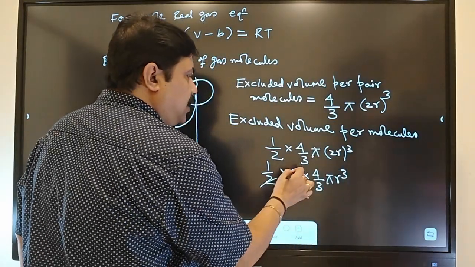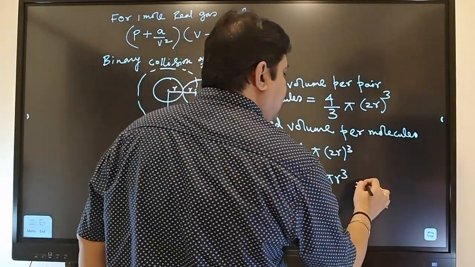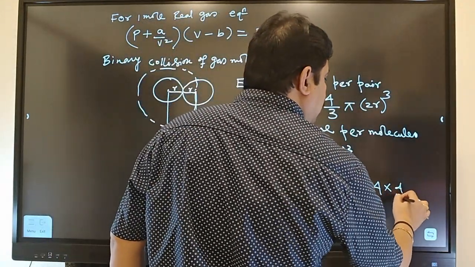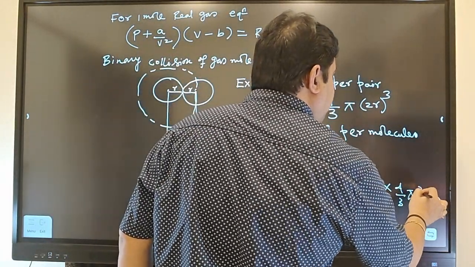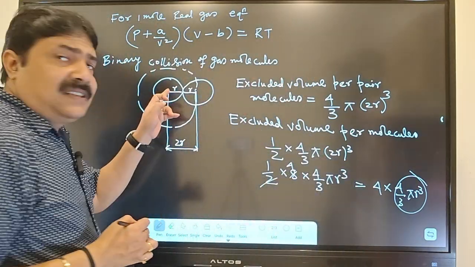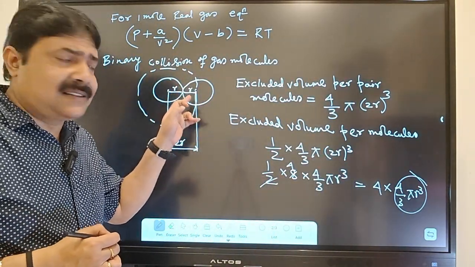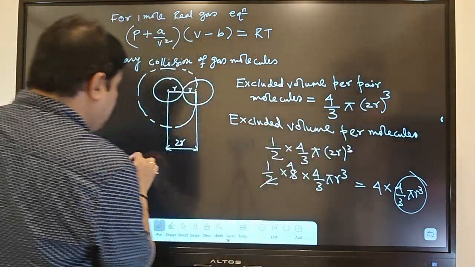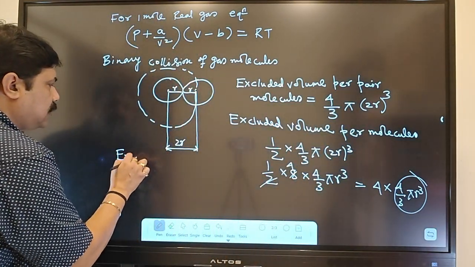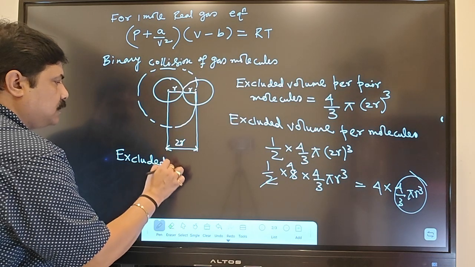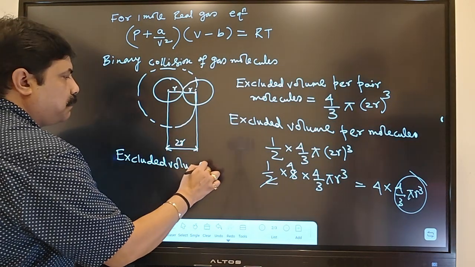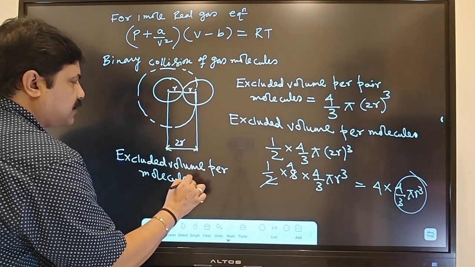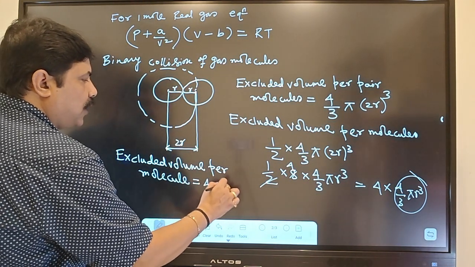So 1/2 into 8 gives 4, so 4 into 4/3 pi r cube, where r is the radius of the gas molecule. That means the excluded volume per molecule will be equal to 4 times the volume of one molecule.